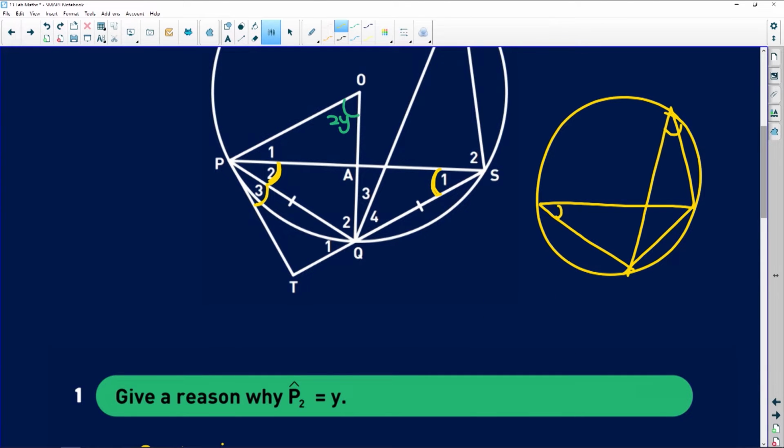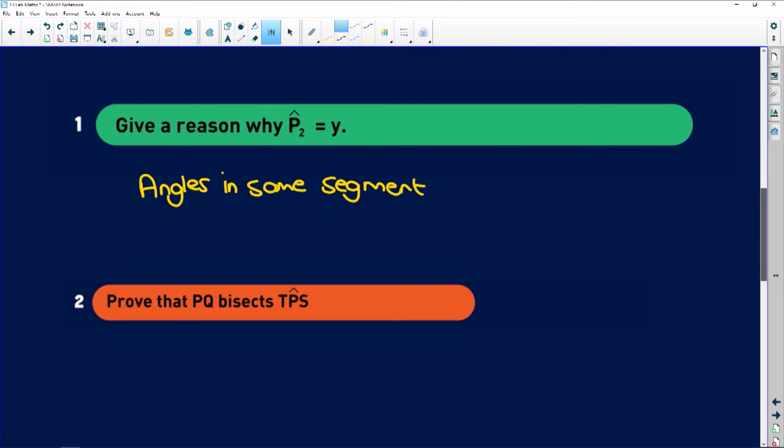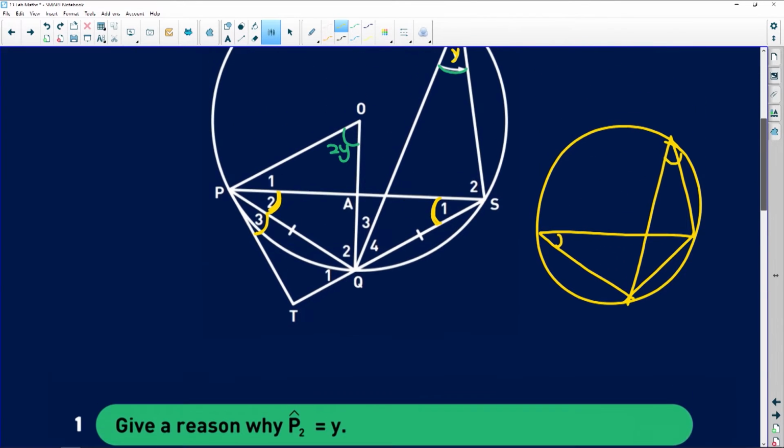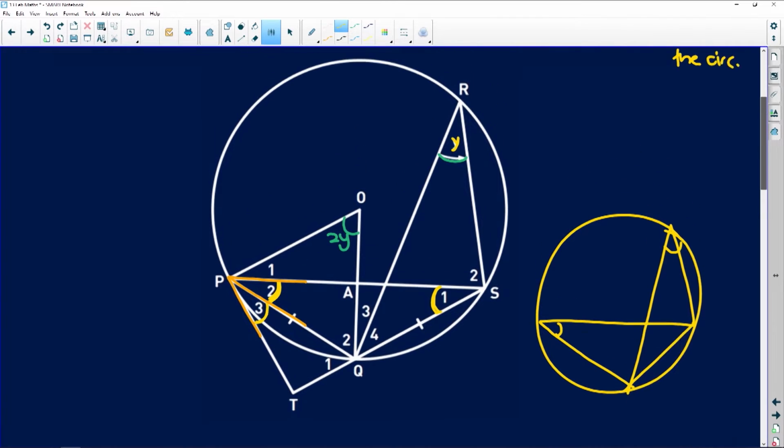Next question. It says, prove that PQ bisects TPS. So TPS is this whole angle over here, and we're trying to prove that PQ bisects this, which means we're trying to prove that P2 is equal to P3. We've already done that on our diagram, you just need to remember why.